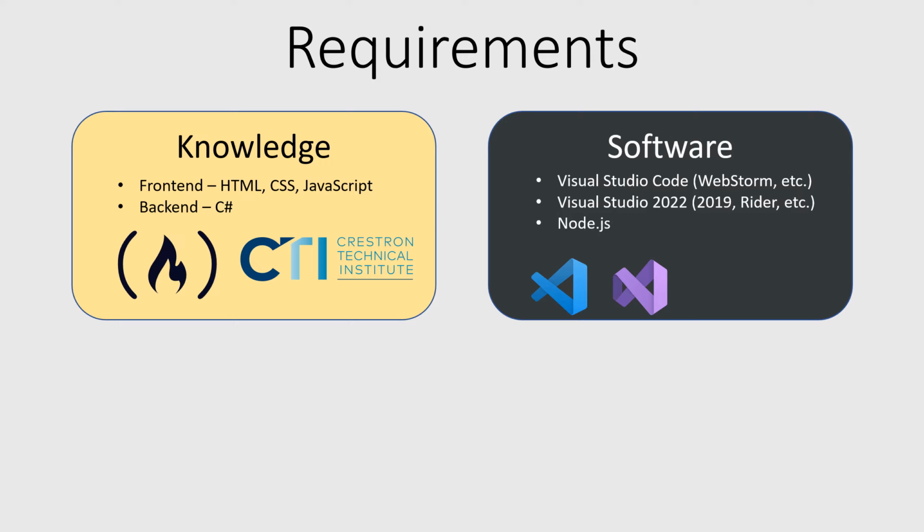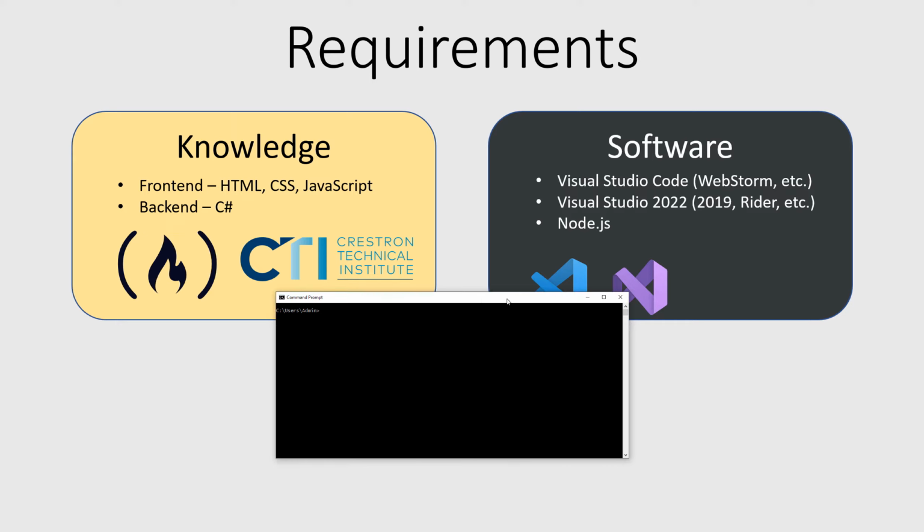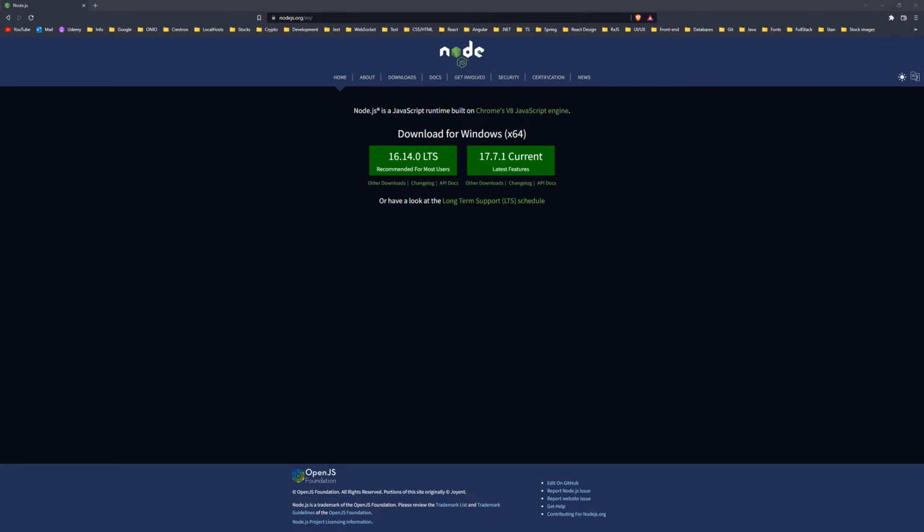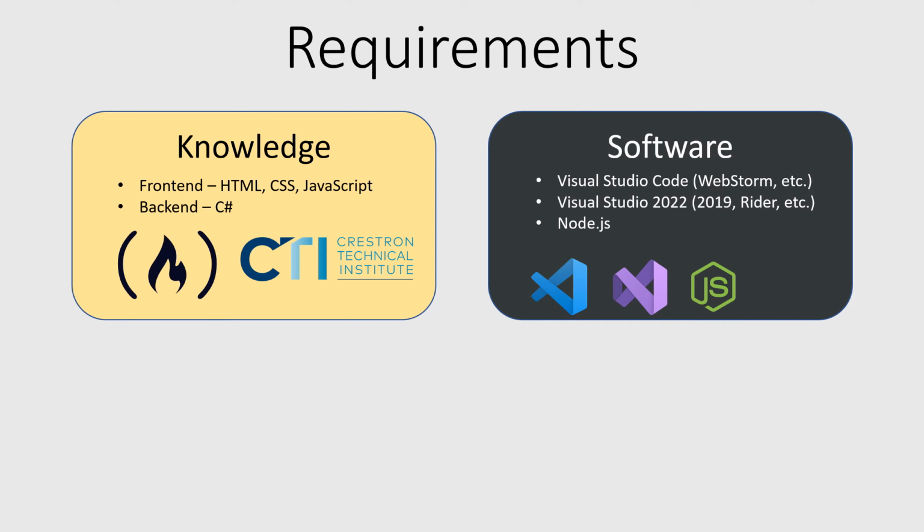Node.js is the next one that you need to install. You can easily see if you already have it installed by typing node -v in the command prompt. If you do not have it, then download and install the latest long-term support version of Node. The last software requirement is that you need to install Crestron CH5 Utilities CLI.